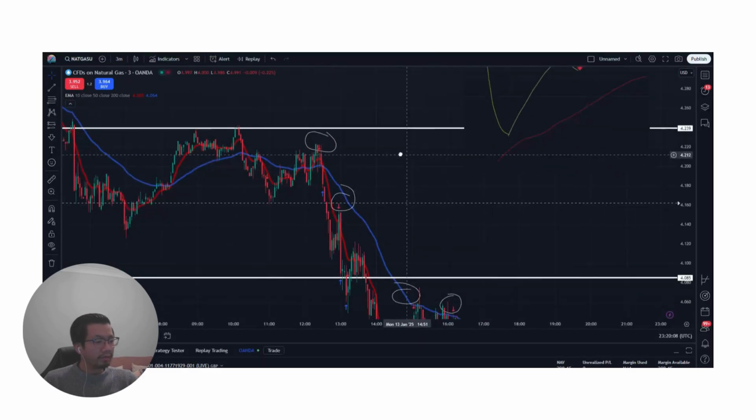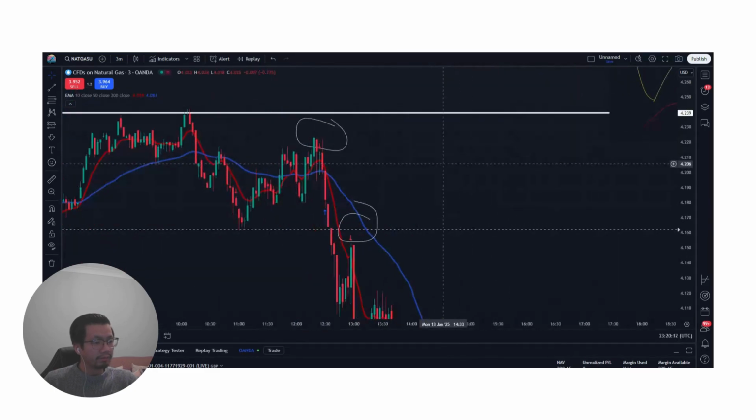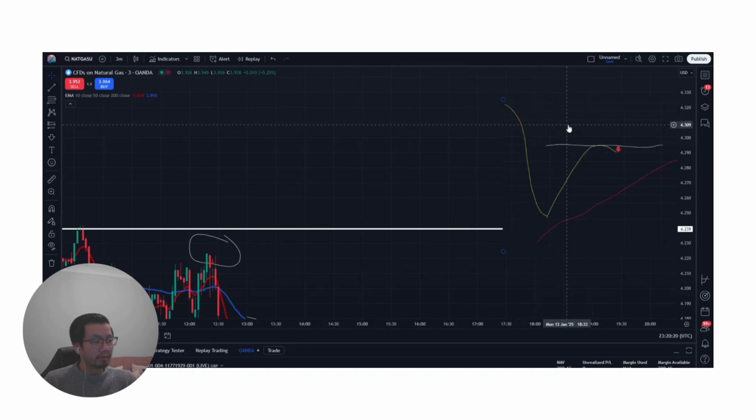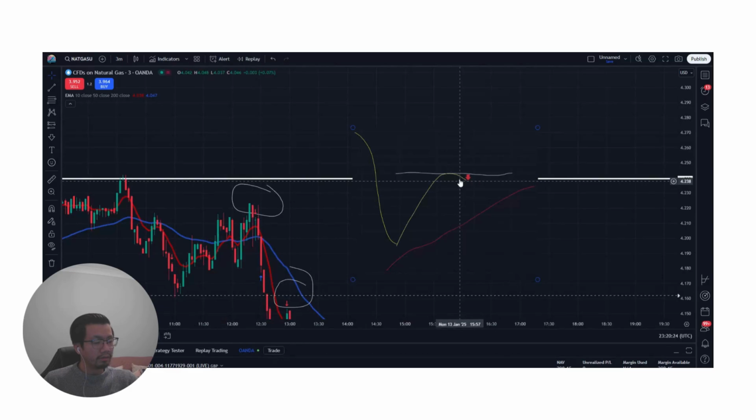And then my second trade was here. I sell it here and then close the trade here. Why? It's because of this situation. This is on 2-hour charts. Resistance is there. Price coming down, coming back up, renegotiate to the resistance.